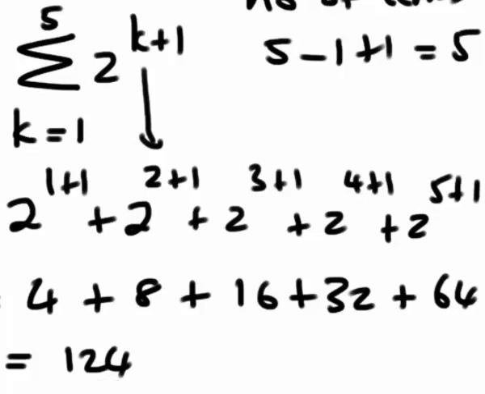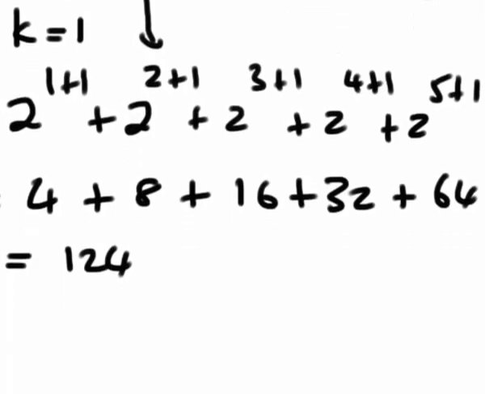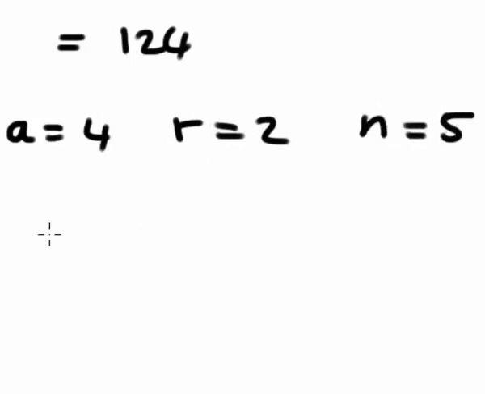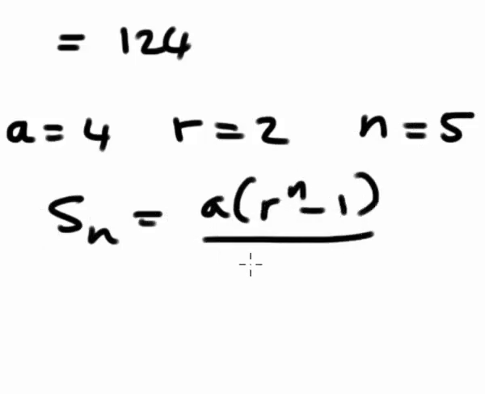But now, if we were to use a formula to verify this, it's definitely geometric. The first term is 4. The constant ratio is 2. You keep multiplying by 2. The number of terms is 5. And we say Sn is a r to the n minus 1 over r minus 1.